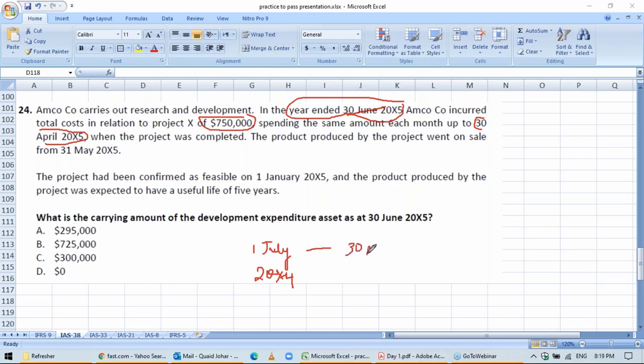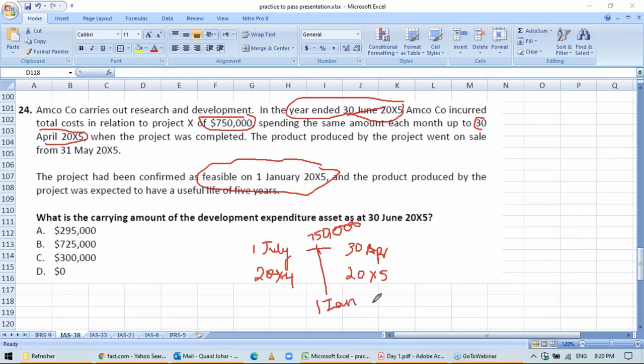So this spending they are talking about has been incurred in how many months? 10 months. So they have spent 750,000 during this period of 10 months. Now what they say is that the feasibility or the conditions were met on 1st of January 2005.